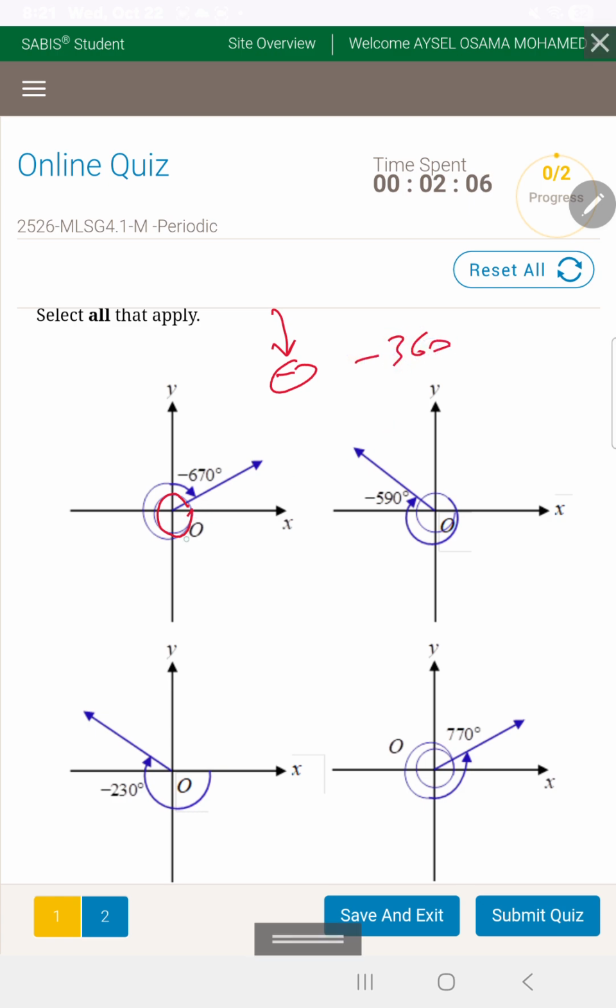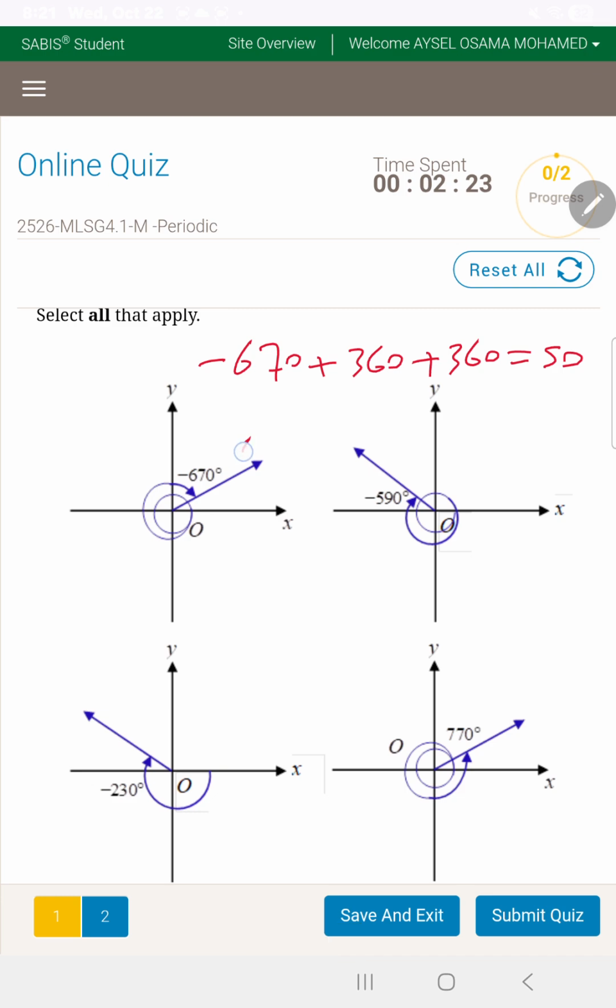So clearly here we have moved in the negative direction, so we have to add complete rotations. If you do negative 670 plus 360 plus 360, the answer will be 50. So this is a correct option.